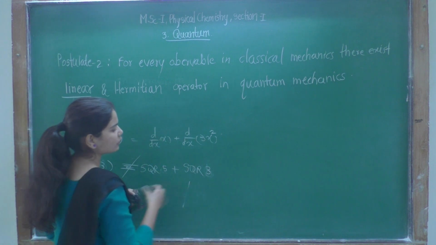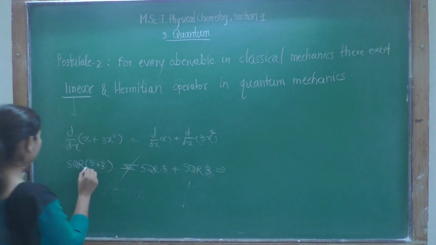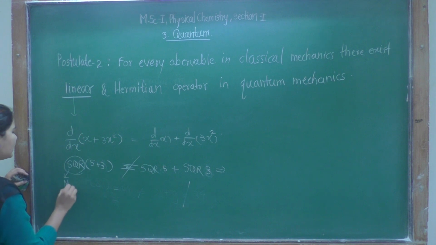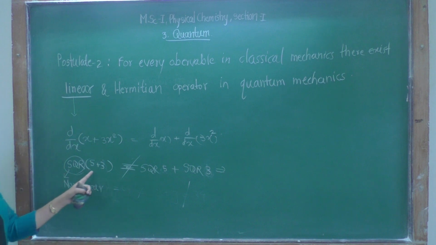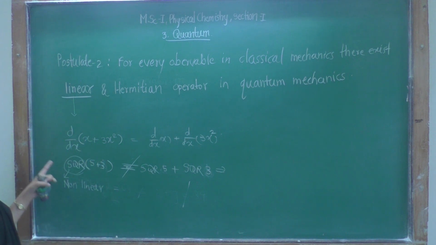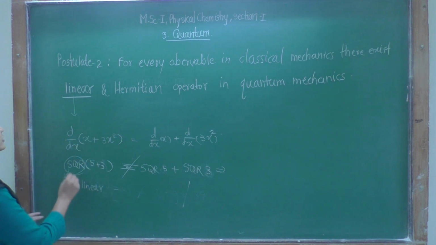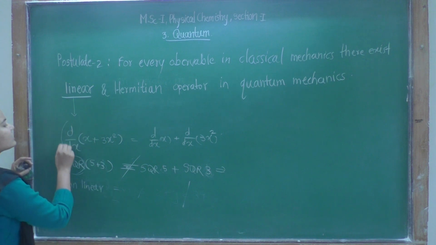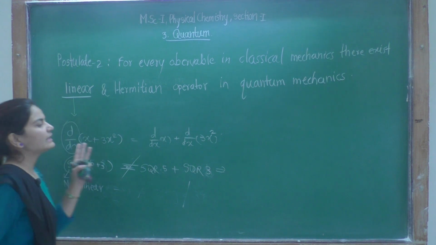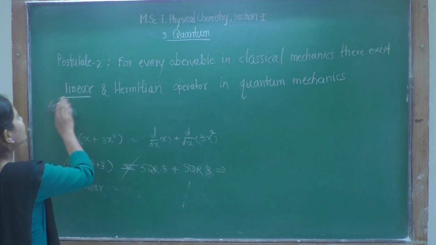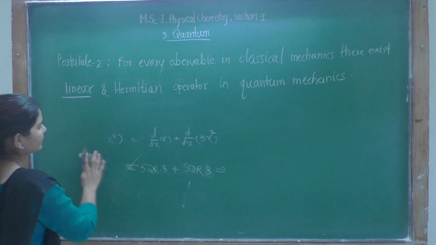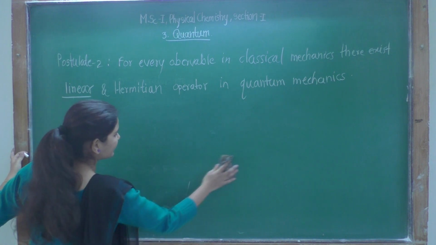Therefore, this square operator is a non-linear operator, and so it is not included in quantum mechanics. We cannot use it in quantum mechanics. It is not a quantum mechanical operator, but the derivative is a linear operator, and hence it is often used in quantum mechanics. So, we have already seen this linearity.